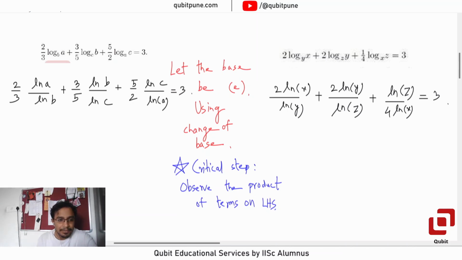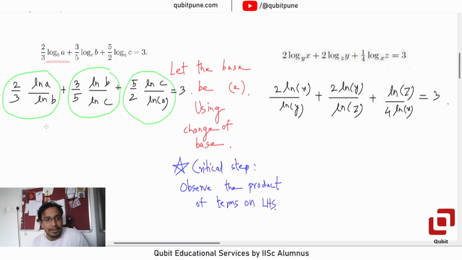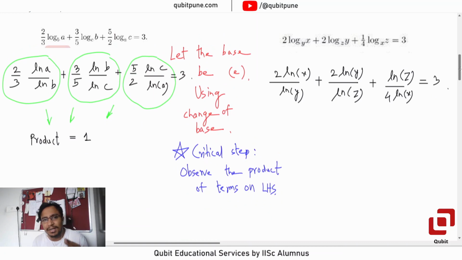That is, if I multiply 2 by 3 ln a by ln b, 3 by 5 ln b upon ln c, and 5 by 2 ln c upon ln a, what will be the product? Tell me, come on. Product will be 1. Now if the product of the three terms is 1, it is telling you something.